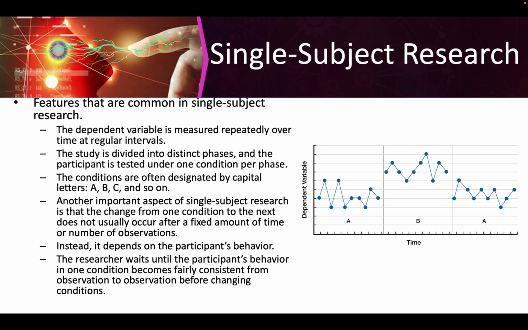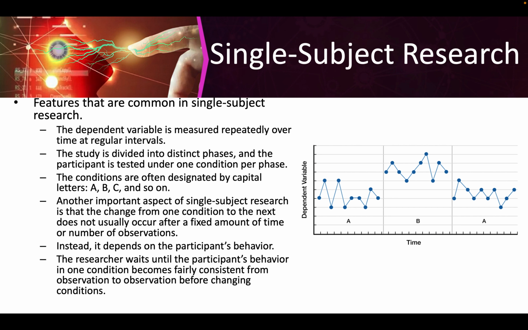Features that are common in single subject research: the dependent variable is measured repeatedly over time at regular intervals. The study is divided into distinct phases as the participant is tested under one condition per phase. The conditions are often designated by capital letters A, B, and C, and so on.